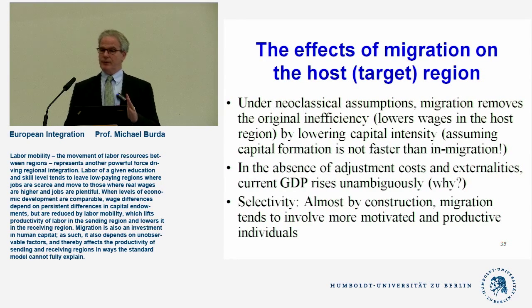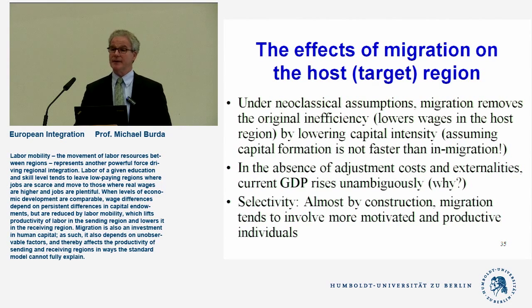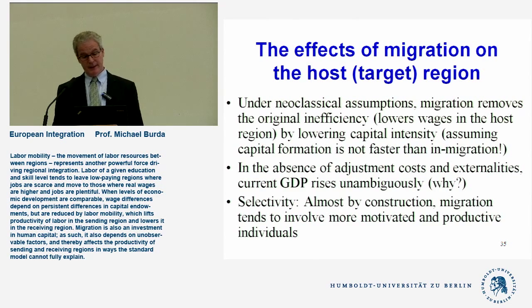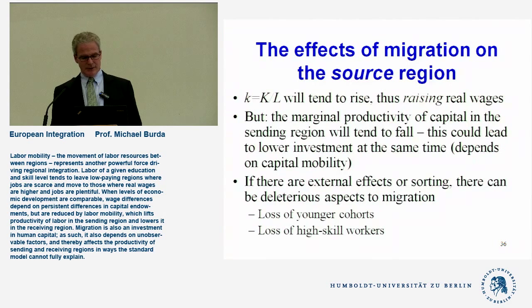This is a more subtle point. This says that people are different in ways that we cannot observe. People have different personalities, different motivation, different willingness to work hard in the receiving region. And this needs to be looked at.